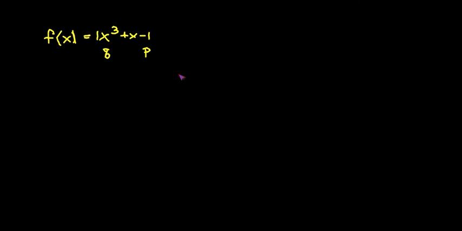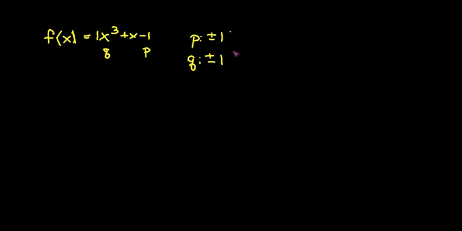The values for p, like we said, are going to come from factors of negative 1. Well, that could be a positive 1 or a negative 1. Our values for q are going to come from the lead coefficient of 1, which would also give me factors of plus or minus 1.